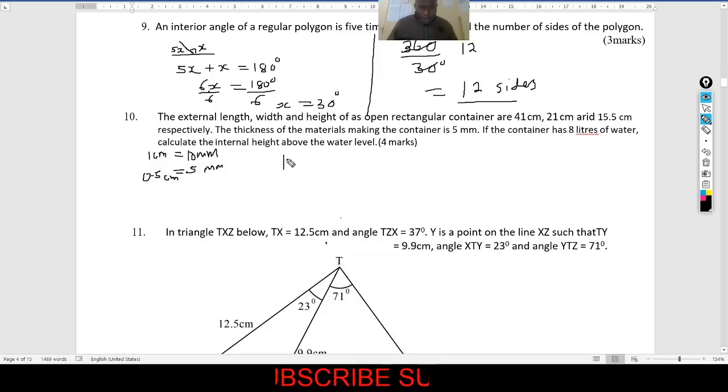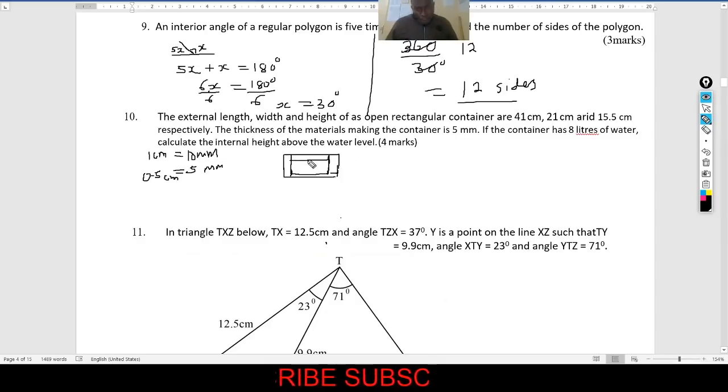Remember, this is a rectangular container, so we have this 0.5, this 0.5, this 0.5, but at this end, it is an open rectangular container.